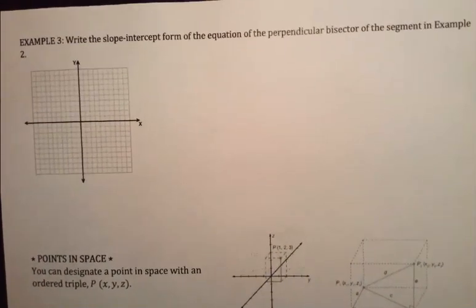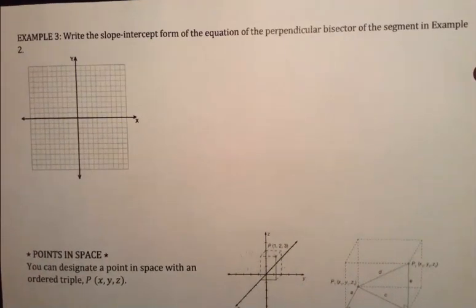All right, example 3 says write the slope-intercept form of the equation of the perpendicular bisector of the segment in example 2. Okay, so in example 2, the numbers that we had were -3, 4 was 1 point, and 1, 9.